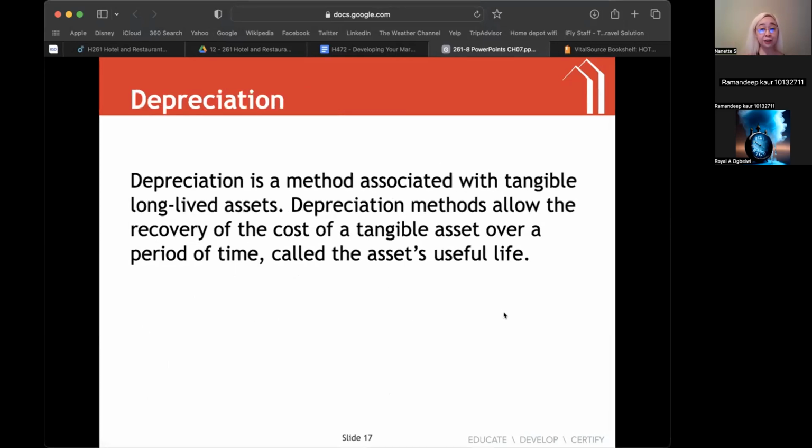So we've talked about depreciation. So this would be a lowering of the value of assets, but you have to consider its useful life cycle. So let's say, for example, a dishwasher. How many years can you use a dishwasher for? So let's say you can use it for 20 years.